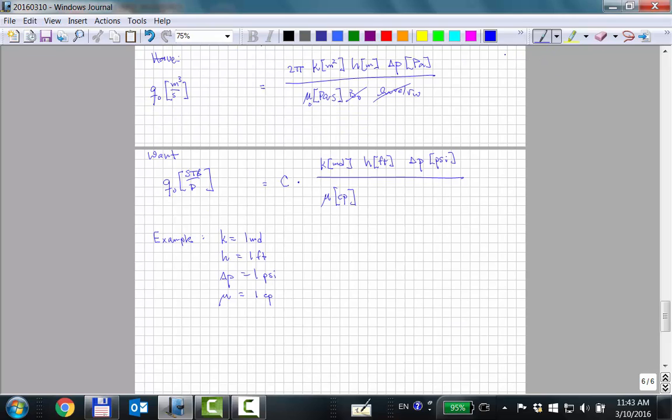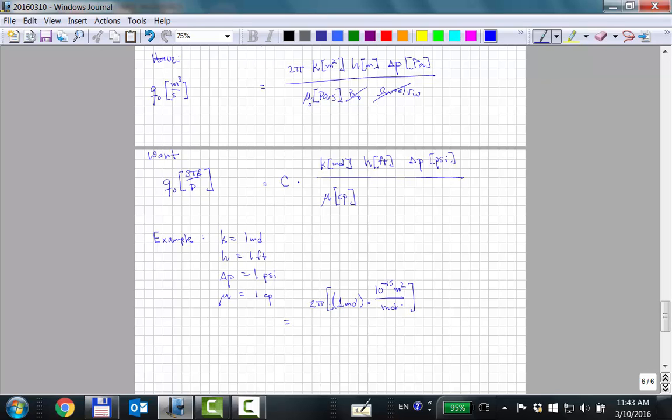So to use the equation that we have, we write 2 pi, and then we put K. Well, K is 1 millidarcy. But to use that equation, I need that in meters squared. So I need to multiply, there's 10 to the minus 15 meters squared per millidarcy. We agree?